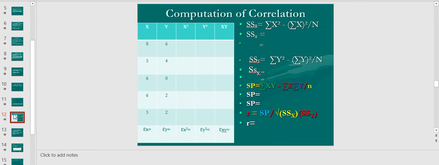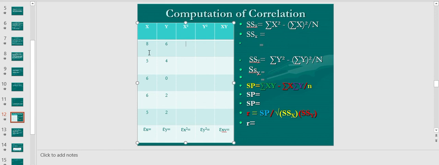We have to take the square of this set of data. First of all, we will take the square of the values of variable x.